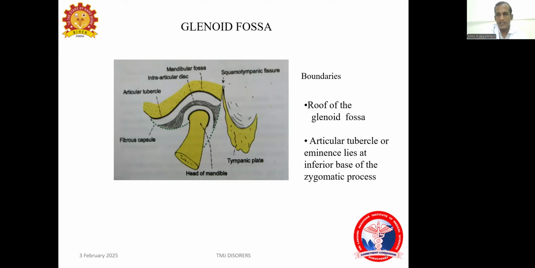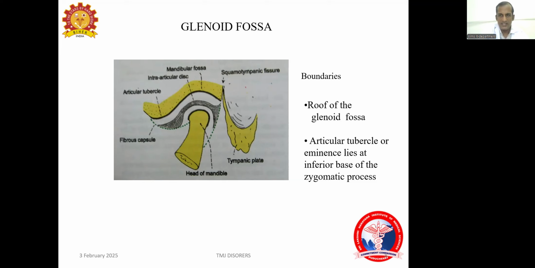Any injury to the joint starts with pain. Any injury to the disc will start with pain in the chewing muscles, or it can spread to the face or neck. In some cases, you can see stiffness of the jaw. These things are mainly associated with injury to the disc.